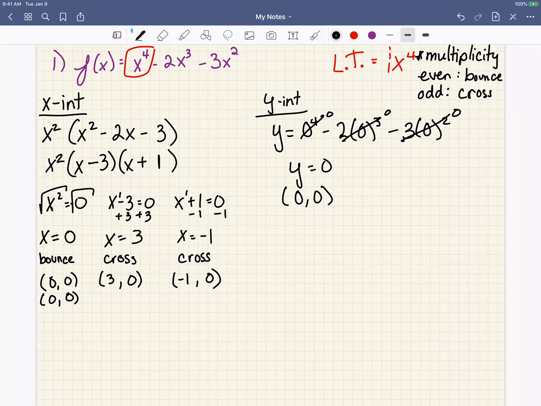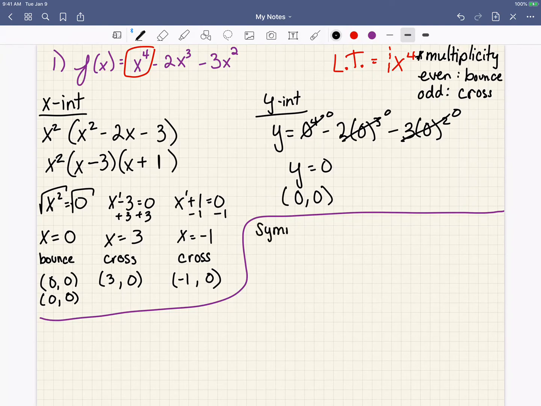Now, the next thing we want to do is symmetry. Symmetry can be a little bit confusing. I still get confused every once in a while. For my symmetry, I'm going to separate this. For symmetry, we're looking for the y-axis.